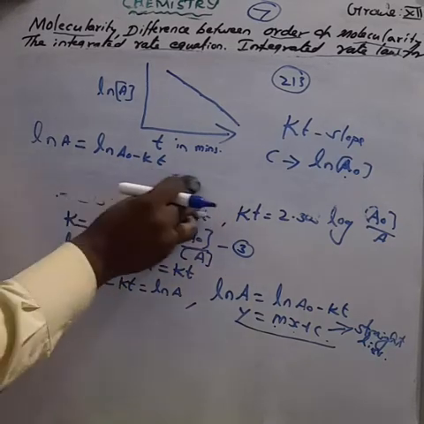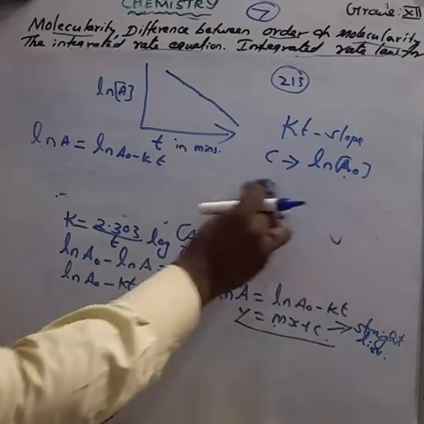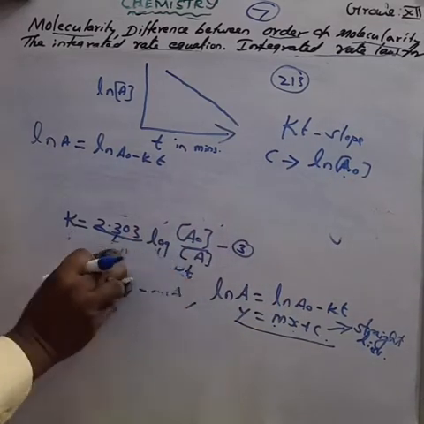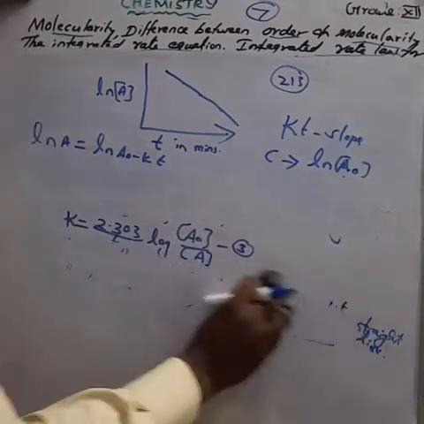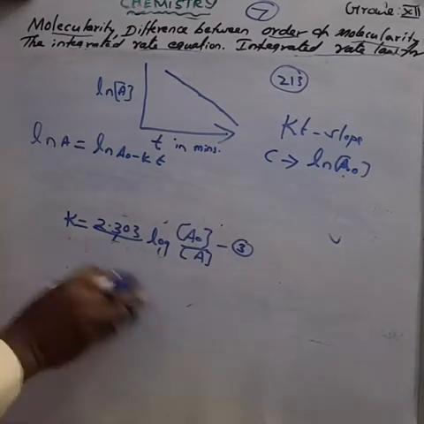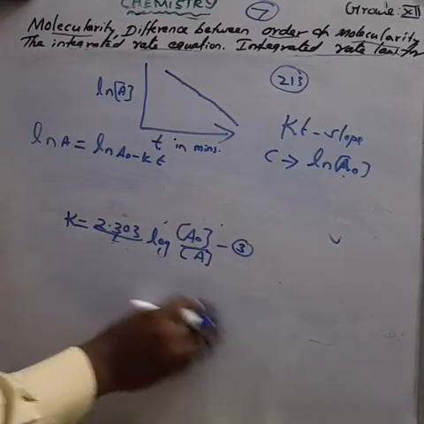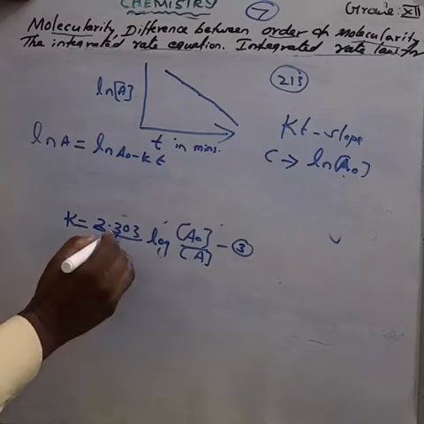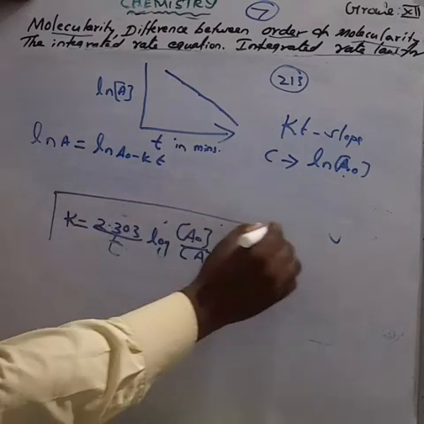We know the equation. What is the equation? K is equal to 2.303 divided by T, log of A naught by A. This is the equation.